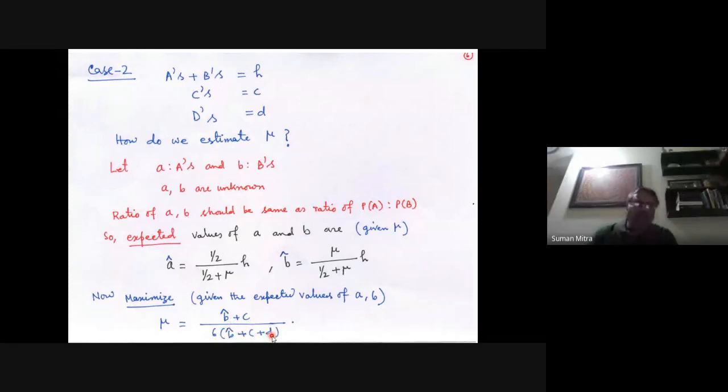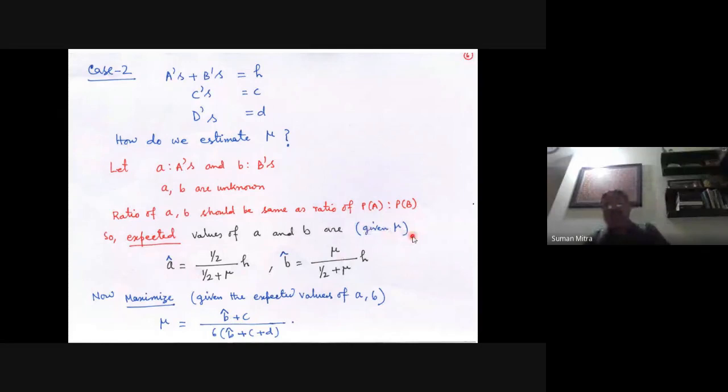Got it? So in this term, we are trying to find the expected value of the data which are unknown first, assuming that the parameter is known, given mu.